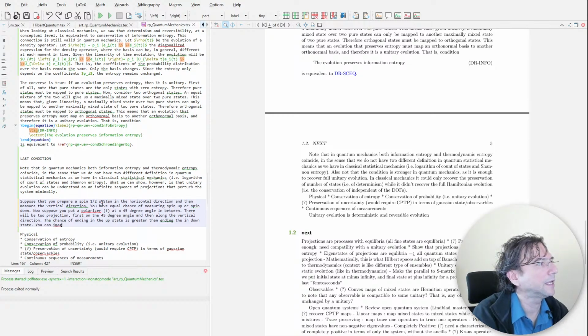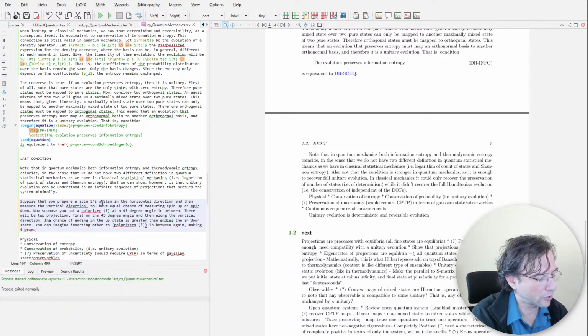You can imagine inserting two other polarizers, and we'll have to see what else in between again, making 4 projections at a 22 degree angle between each pair.